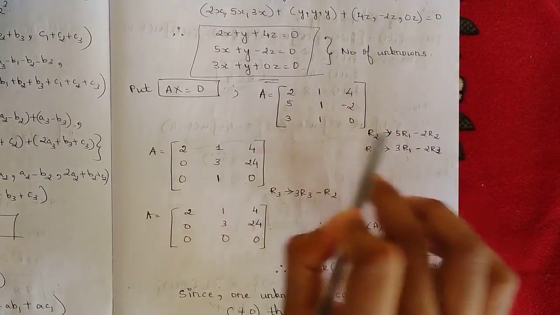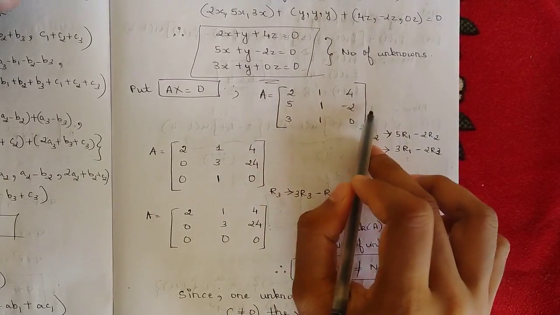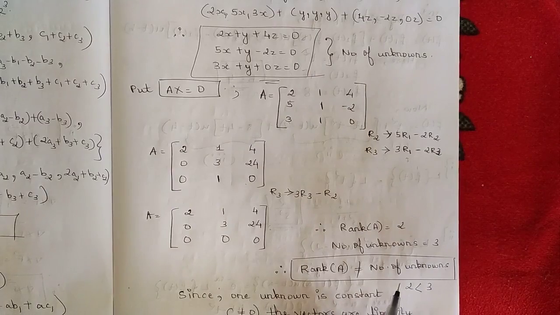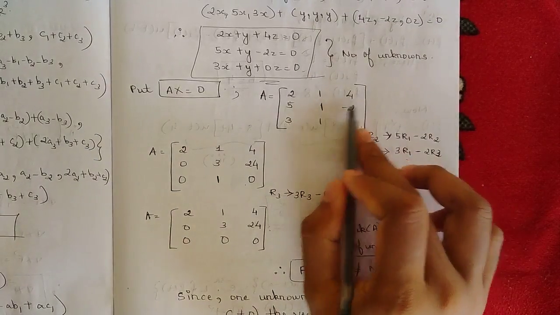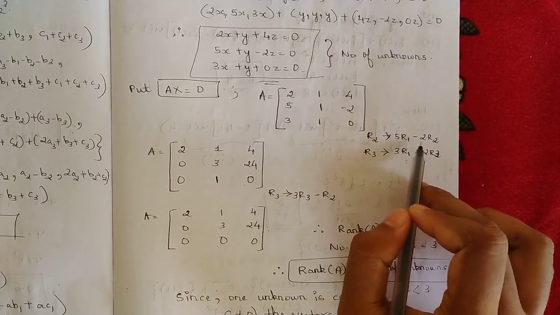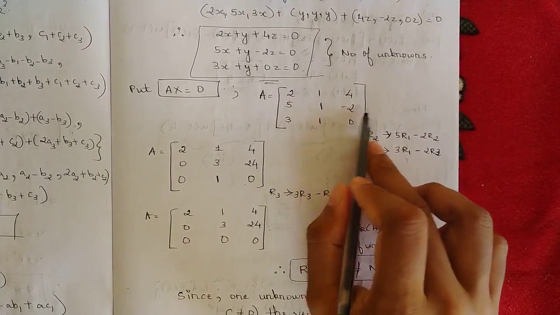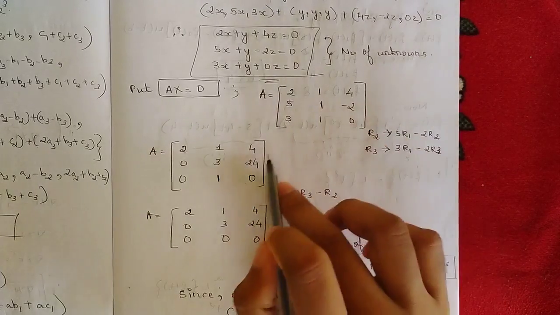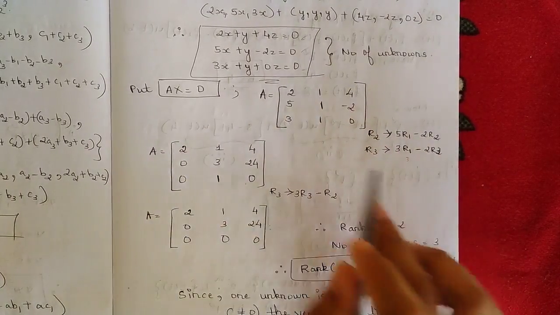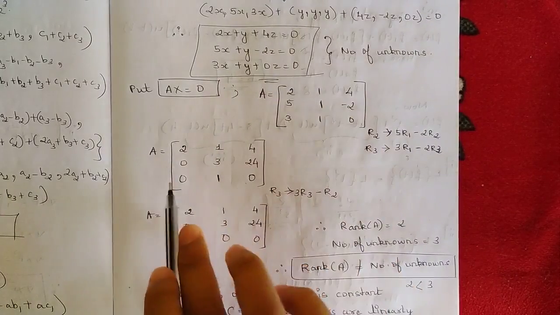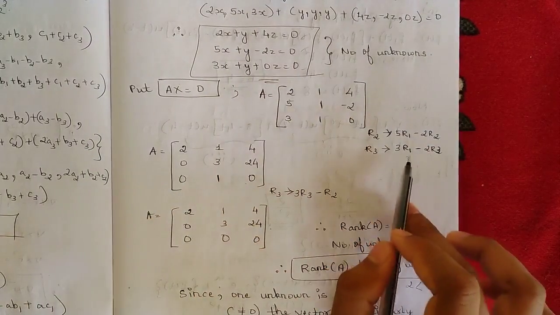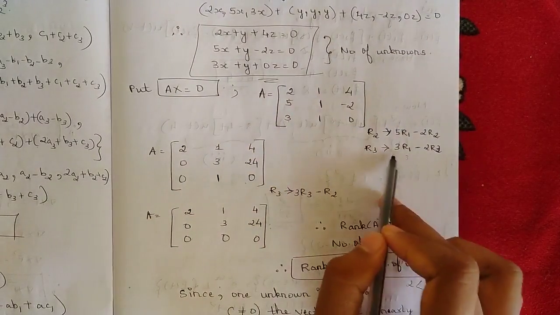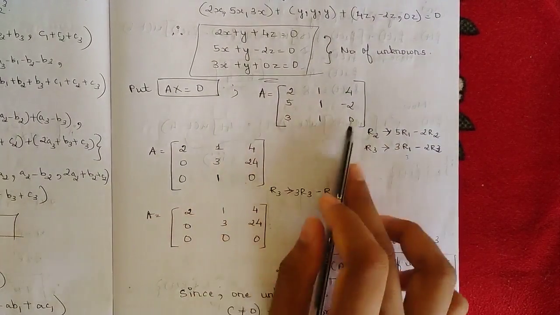Now 5R1 gives 5 times 4, that is 20, then minus 2 into minus 2 is plus 4, so 20 plus 4 is 24. Here it is 1, because 3R1 minus 2R3, since these two are 1 only, so 3 minus 2 would be equal to 1, and this would be 0 as it is.